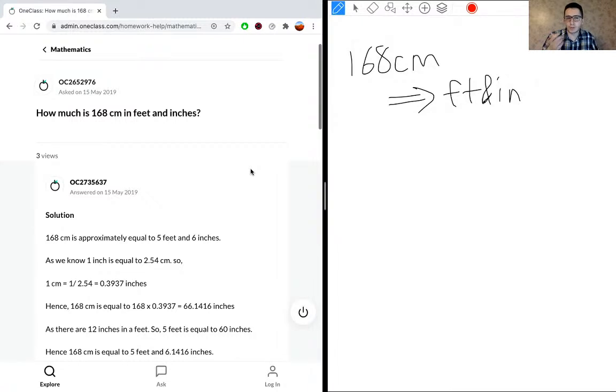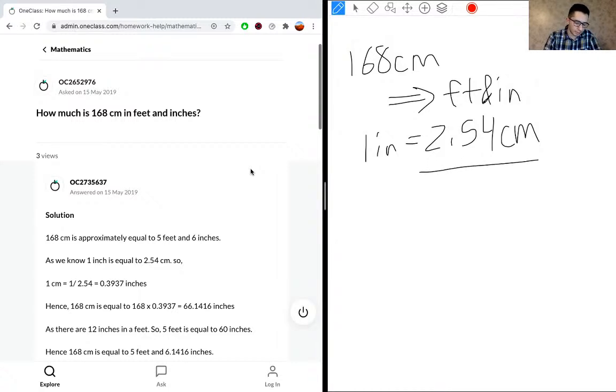A common conversion factor for converting centimeters to inches is that for every 1 inch, that is equivalent to 2.54 centimeters.